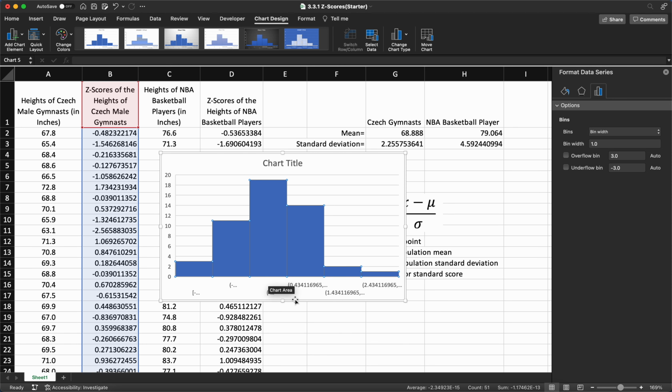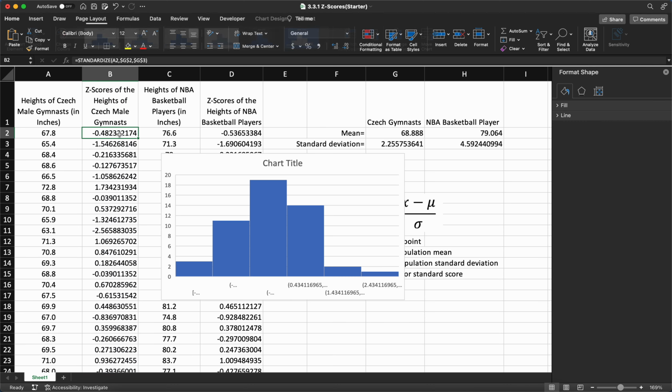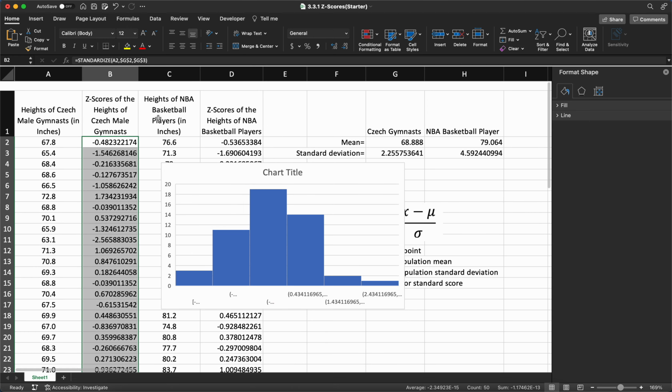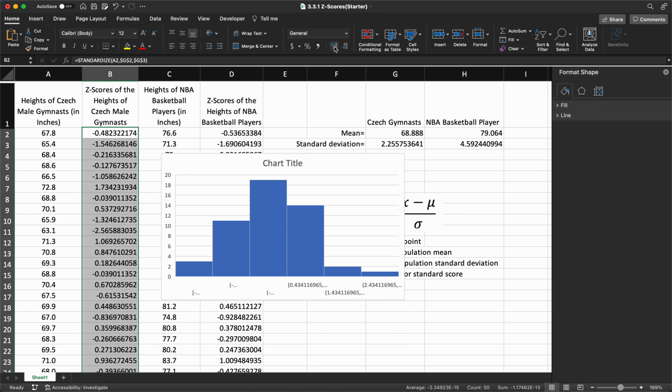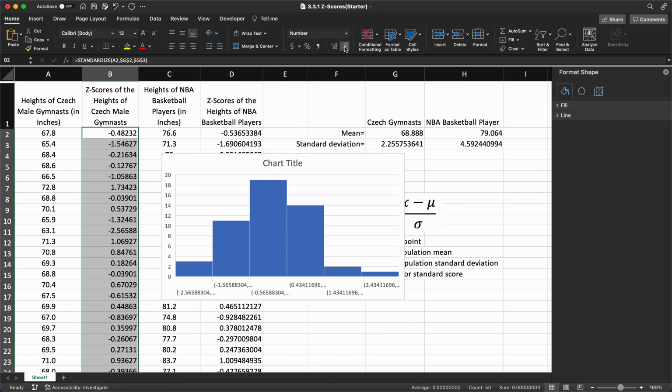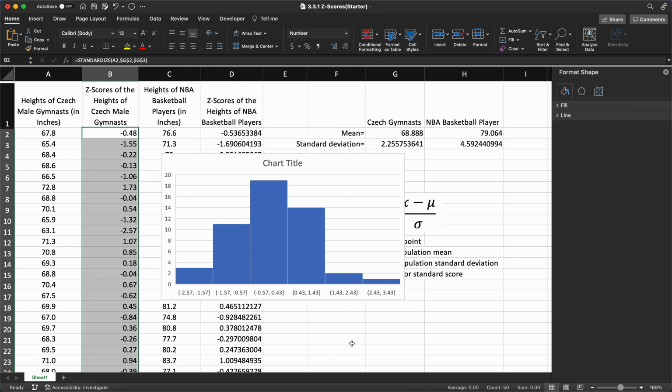We still can't really see these values. These decimal places are out too far. Typically, we round z-scores to 2 decimal places, which you can do here. Make this a little bit shorter. And then that automatically changes my histogram.